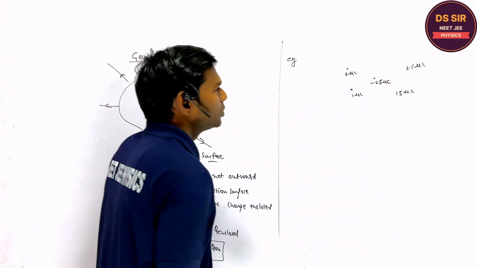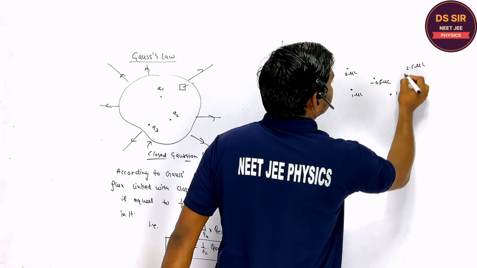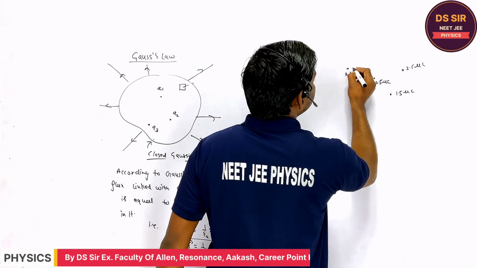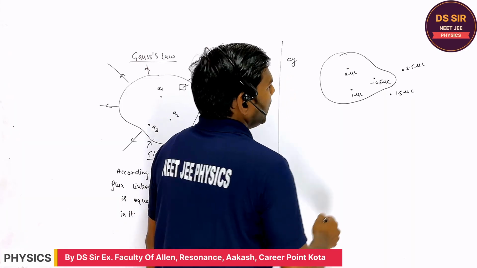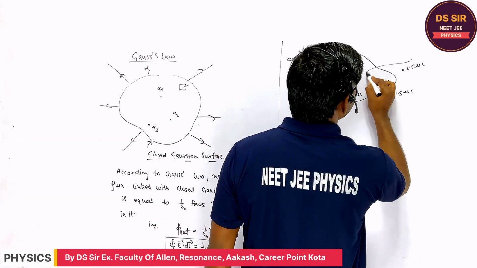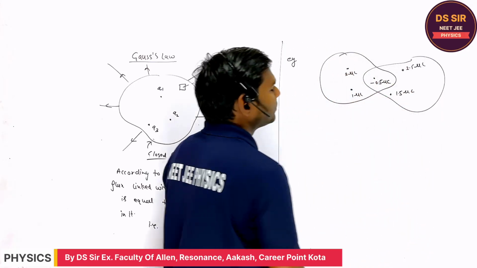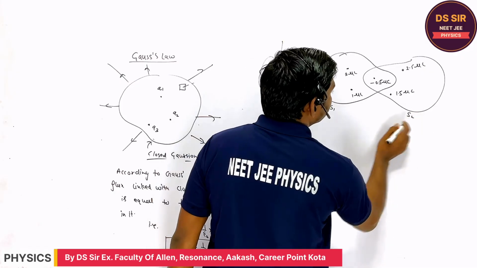So these are the charges present in the space. If this is one Gaussian surface and this is another Gaussian surface like this, fine, this is the Gaussian surface S1, this is the Gaussian surface S2.